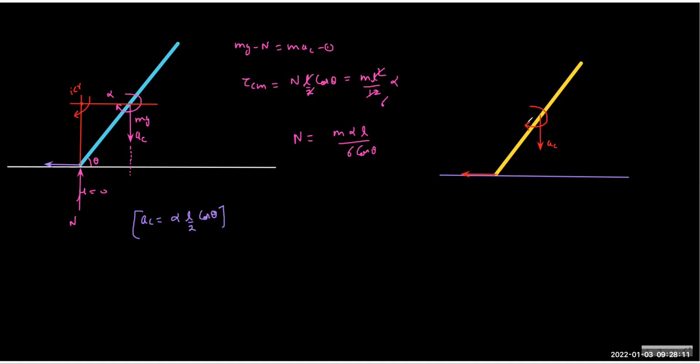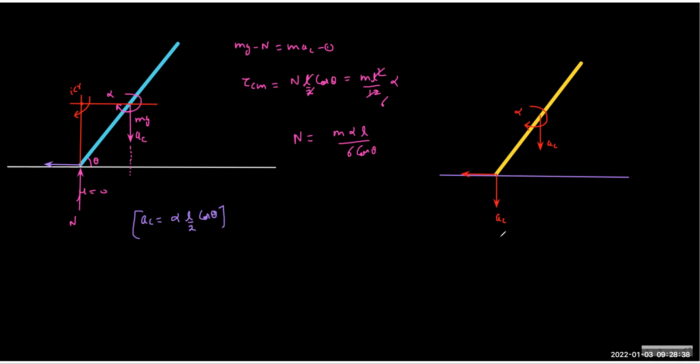And the rod is turning this way. So imagine that you don't know about the ICR, still you can do this. Because the acceleration of every point of the body will have one component which is the same as the center of mass acceleration. So a_c is given to this point.